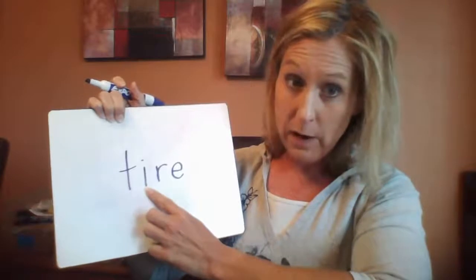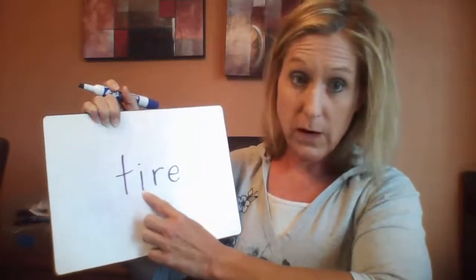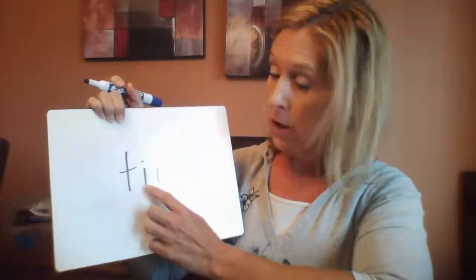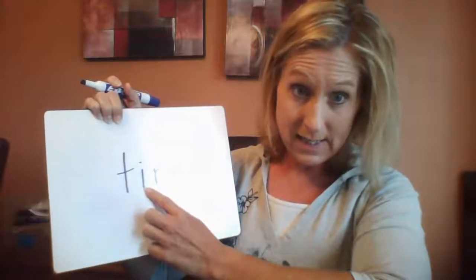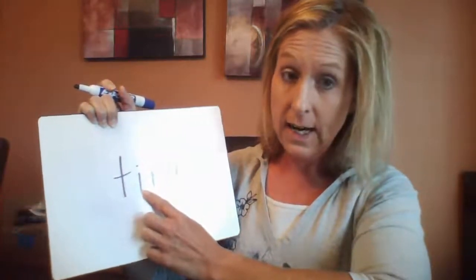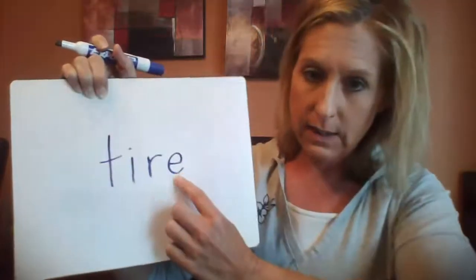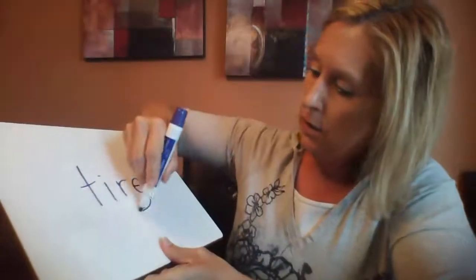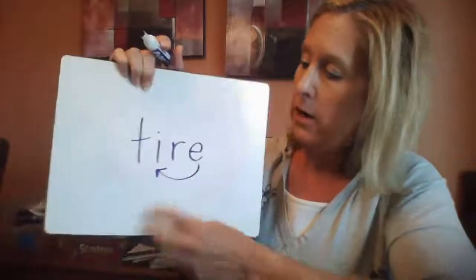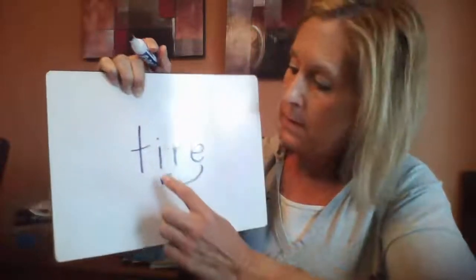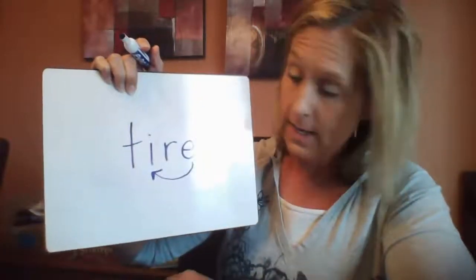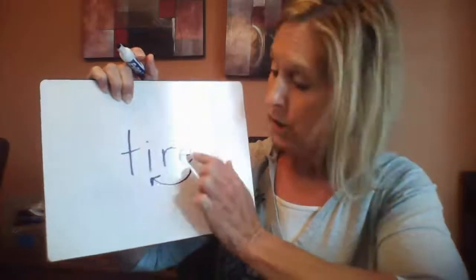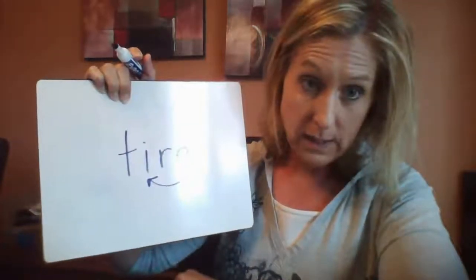The name of the vowel is I. So this letter, when we get to it, is going to say I. It's not going to say i, it's going to say I, all because of this E. Its job is to draw a little arrow right here. Its job is to make that I say I. It doesn't say anything. It's just making that vowel say its name.